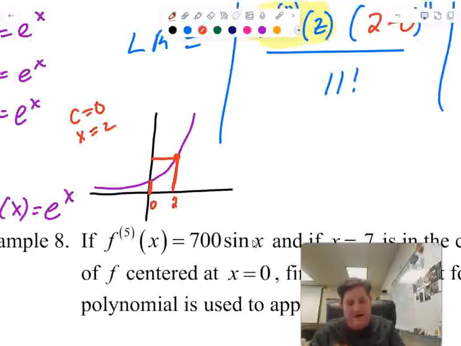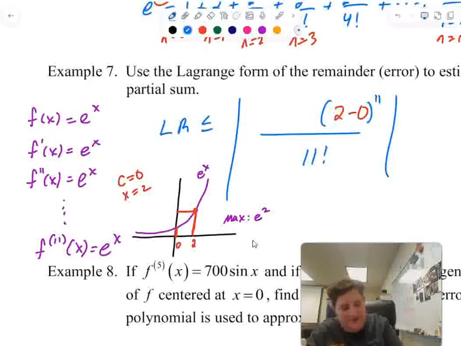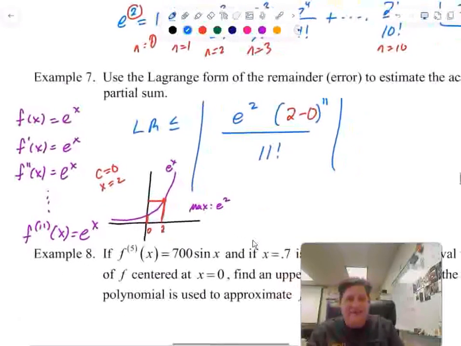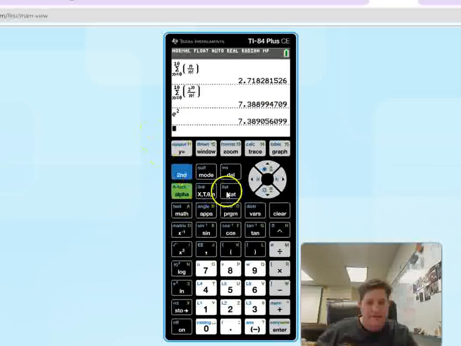And what is the height of this function at 2? Remember, this is the function e to the x. So the maximum height it gets at 2 is e to the 2. So that's where you come in and say, all right, this is e to the 2. Before I talk about this, let's go ahead and type this in.